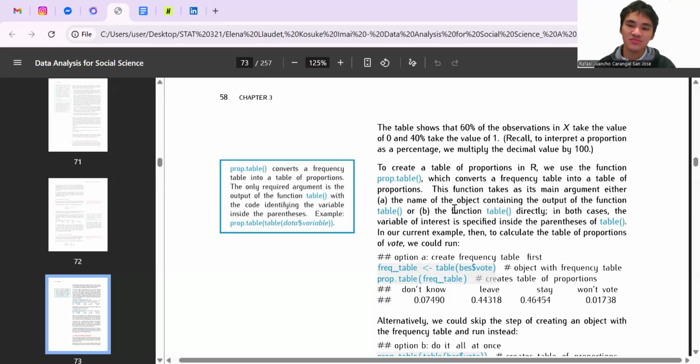So to create a table of proportions in R, we use the function prop.table, which basically means proportion table, and converts a frequency table into a table of proportions. This function takes as its main argument either A, the name of the object containing the output of the function table, or B, the function table directly. But in both cases, the variable of interest is specified inside the parentheses of table in our current example.